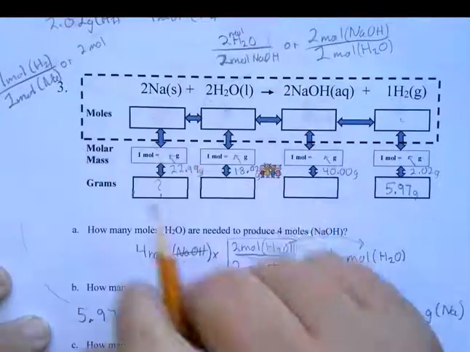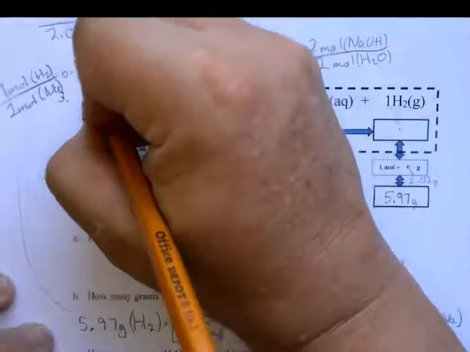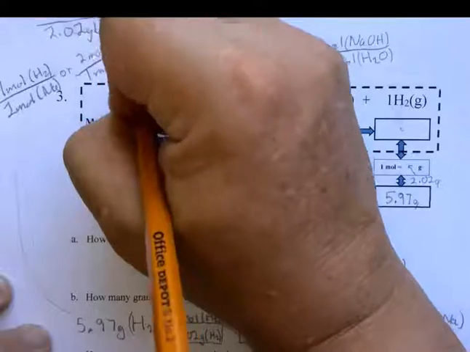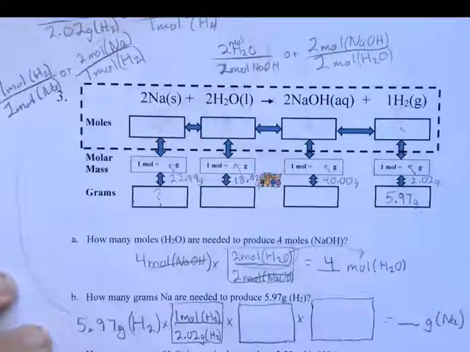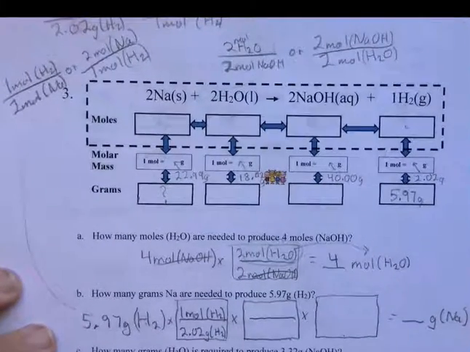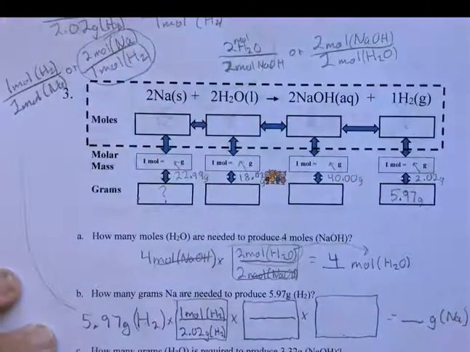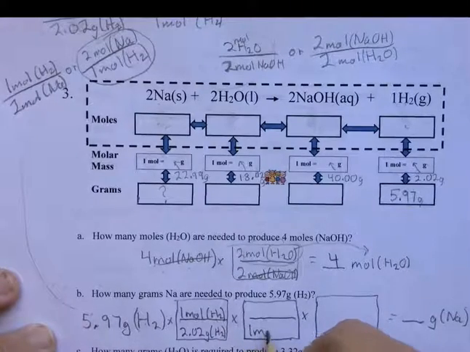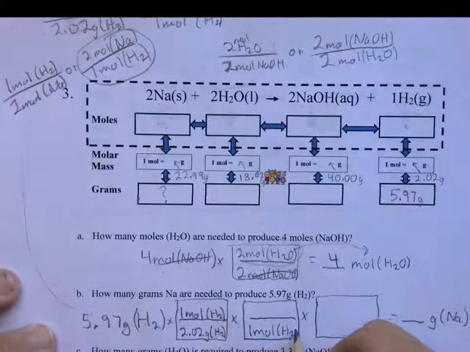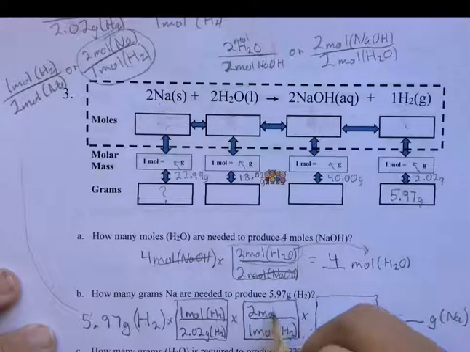Or there's 2 moles of Na for every 1 mole of H2. Okay, so which one are we going to want in this second position right here? Well, we have moles of H2 on the top. That means we need moles of H2 on the bottom. So we're going to use this one right here. So we're going to write 1 mole of H2, and up on top, it's going to be 2 moles of Na.